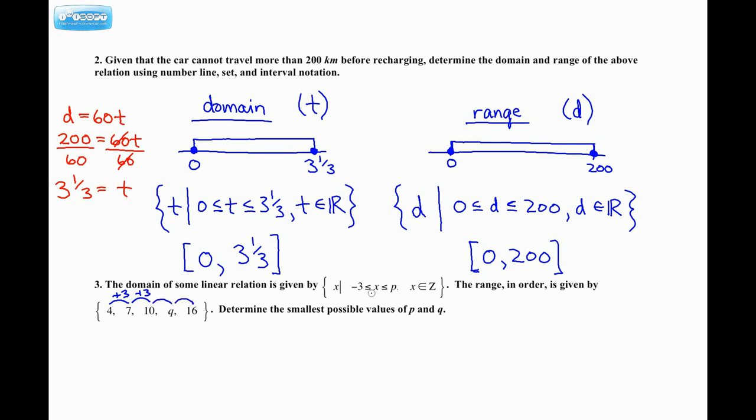So because x is increasing, okay, these can only be integers, they can only increase by one whole number each time. Okay, so if x increases by 1, y has to increase by 3, and that pattern has to remain consistent. If it breaks, then it's not a linear relation. Okay, well, I think it's obvious now that q has to be 13.